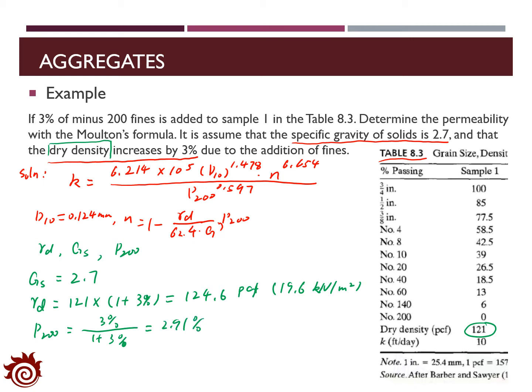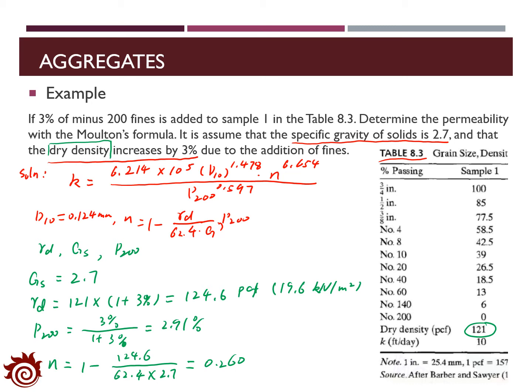And then we can estimate the value of n. It's 1 minus gamma D, where gamma D is 124.6, over 62.4 times GS, that is 2.7, which will give you the value as 0.260.